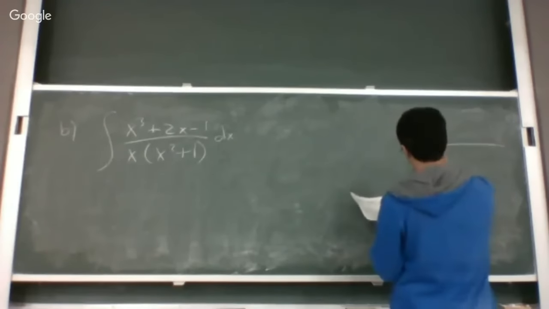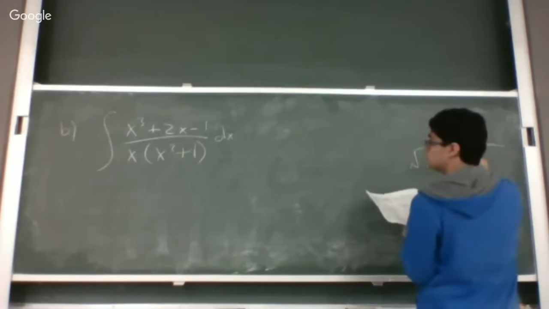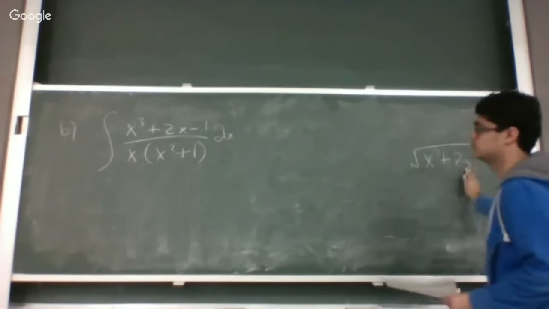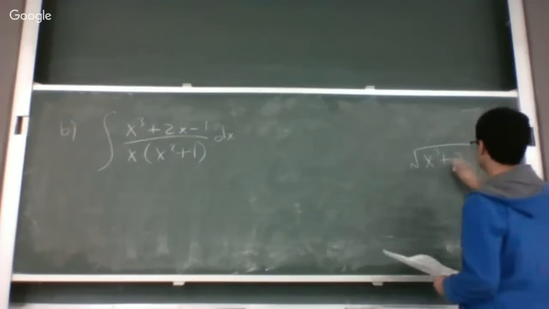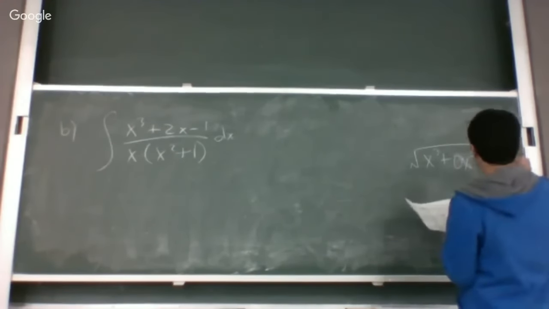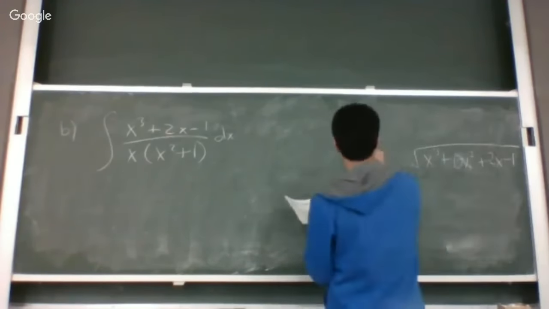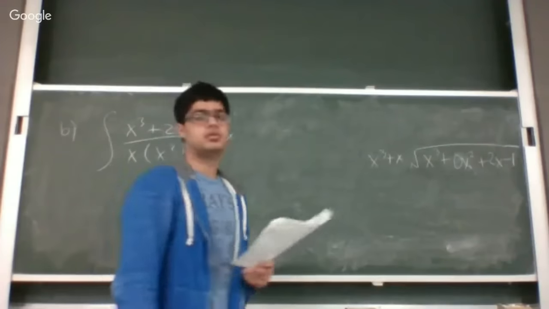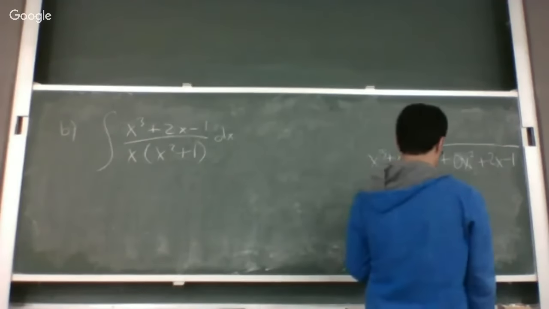So we have x cubed plus 0x squared plus 2x minus 1 divided by x cubed plus x. You guys good with that? We need the 0 in there.